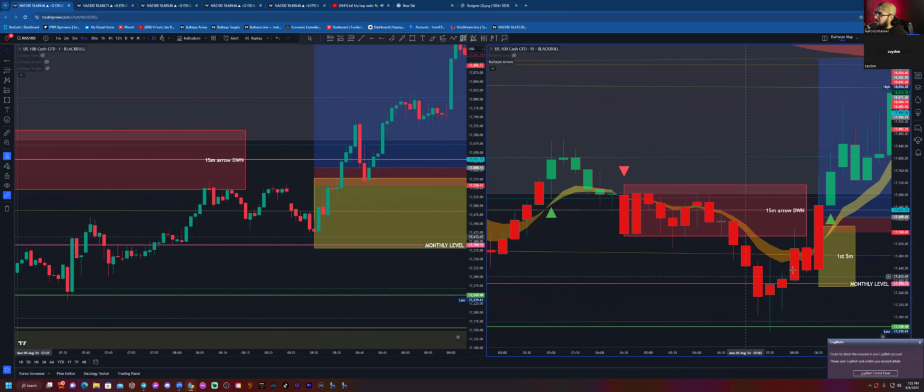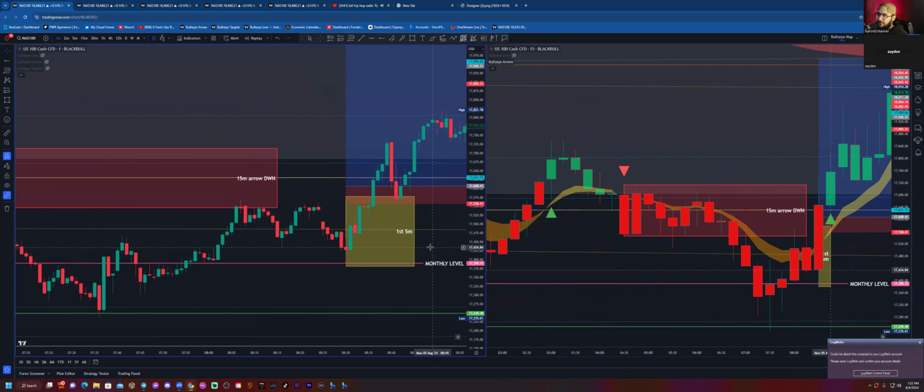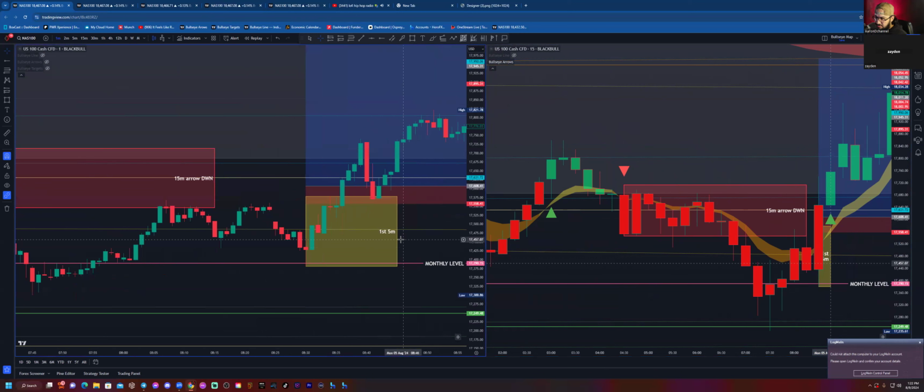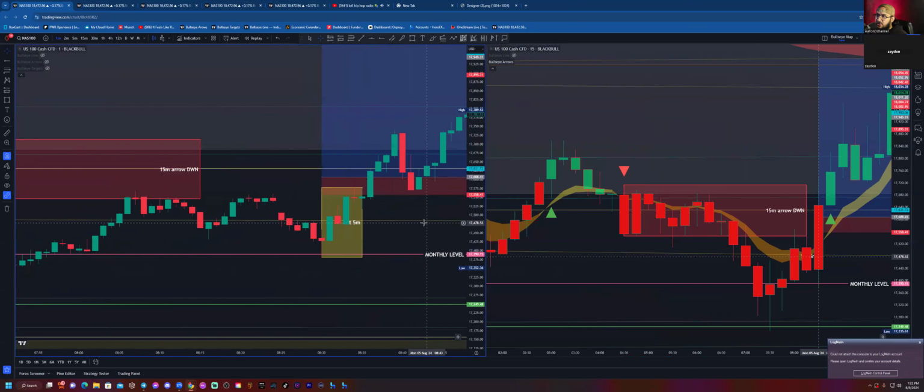And what we've been doing is looking at the first 5-minute candle, the first 5-minute range. All right. The first 5 minutes actually gives us this range right here. So from 8:30 to 8:35.